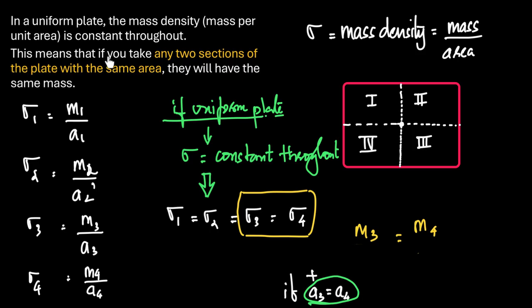Therefore, it means that if you take any two sections of the plate with the same area, a3 equal to a4, they will have the same mass, m3 equal to m4, when the mass density sigma is constant throughout. Okay, so that is the significance of this word uniform plate.